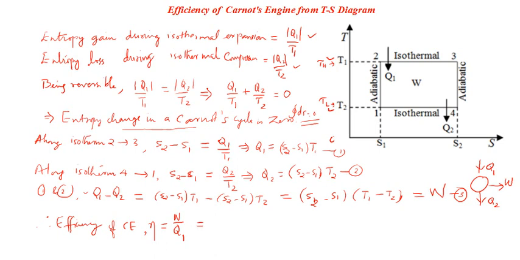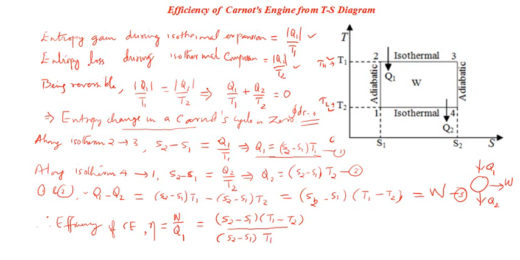What is W? Equation 3 says that it is equal to (S2 minus S1) into (T1 minus T2), divided by Q1, which you get from equation number 1. That is nothing but (S2 minus S1) into T1.